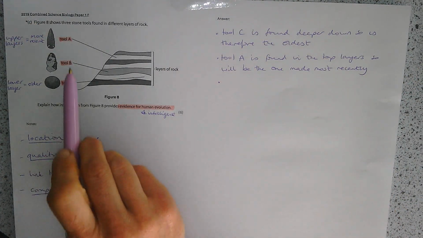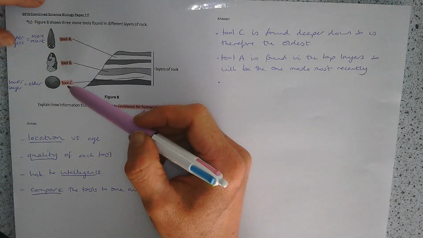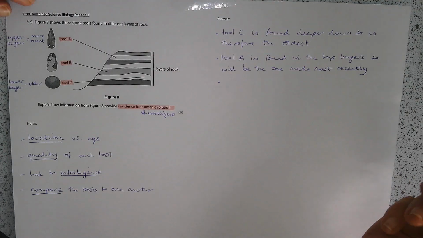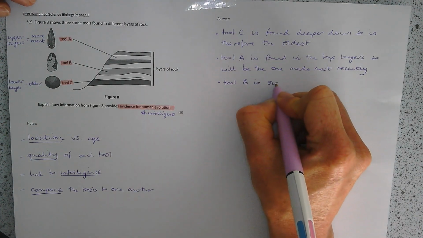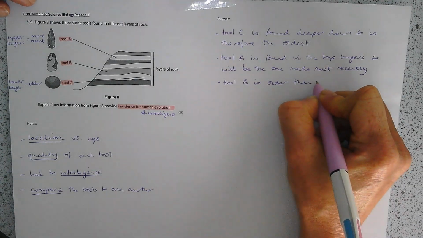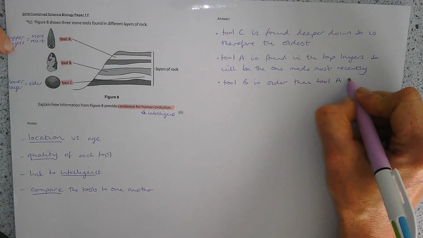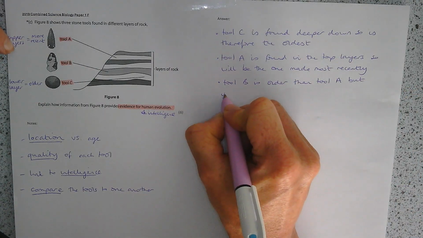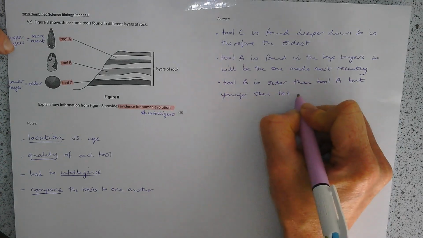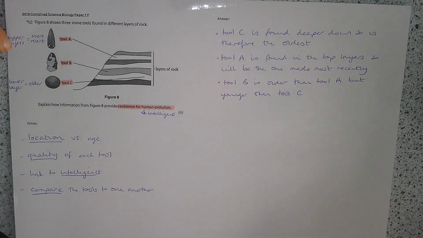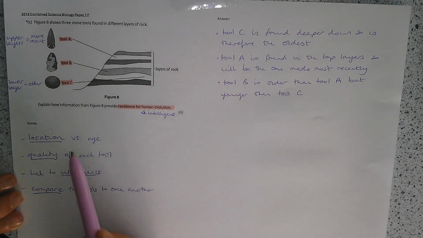Okay, and then tool B, I'm just going to reference where it age-wise, how it fits in with tool A and tool C. So tool B is older than tool A because it's lower down, but we could say younger than tool C.